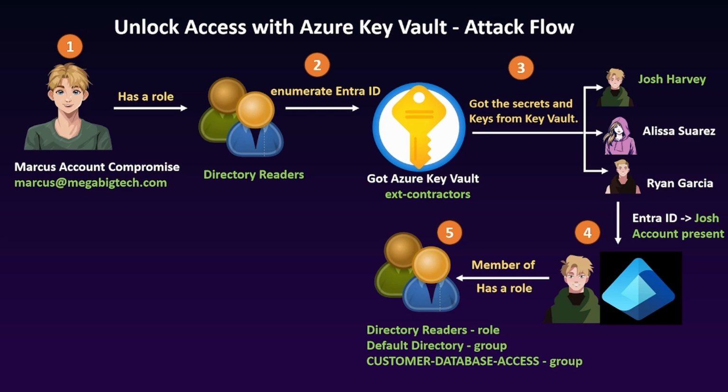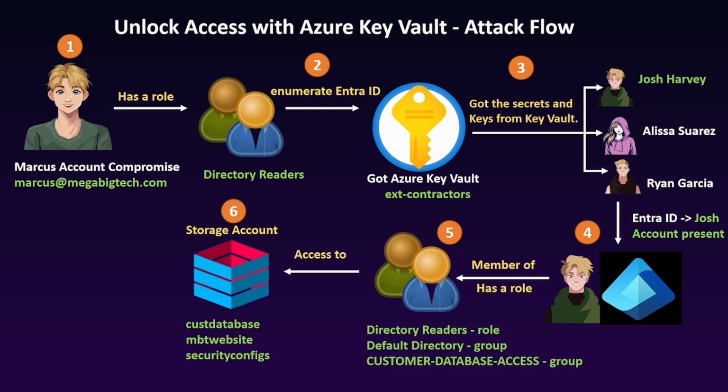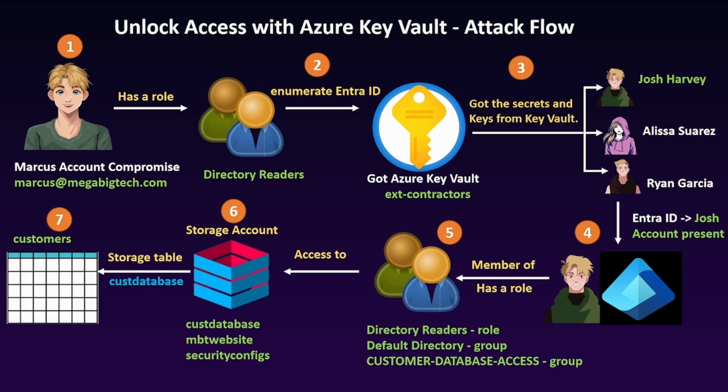After further enumeration we found that this user has access to the storage accounts named cust database, MBT website and security config. These are the storage accounts we have already seen, and the important one is cust database, which contains this customer storage table, that is customer, and this Josh user can list and view all the customer details. So this is how we obtain the customer data and our flag.